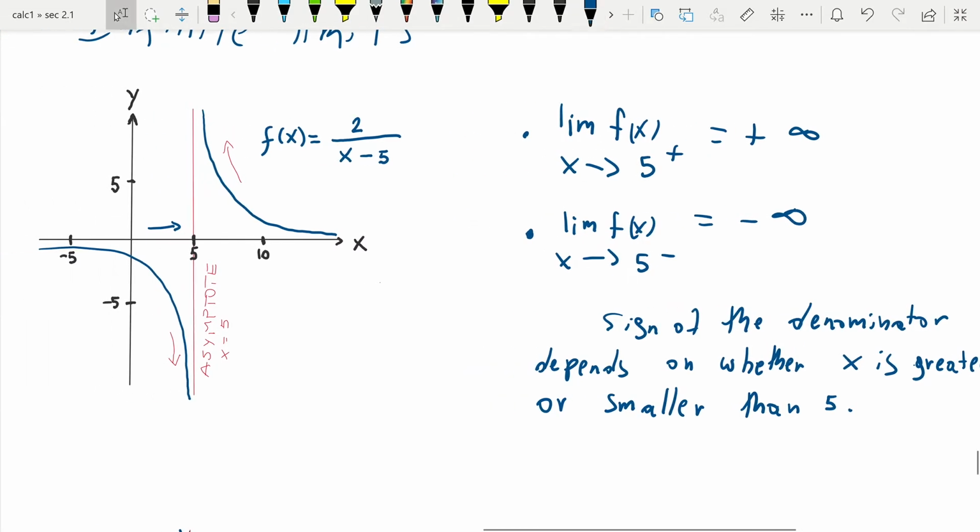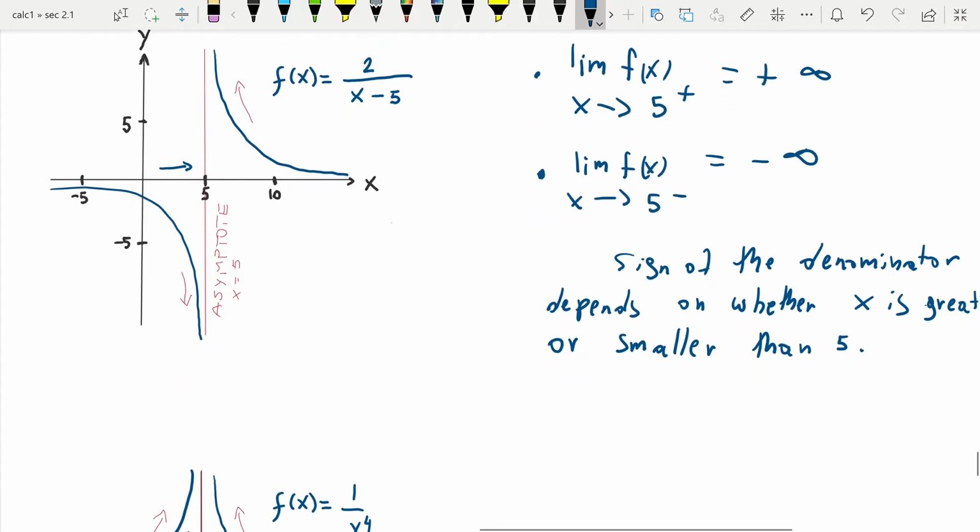When you encounter an expression like this, the numerator is positive, so the sign of the whole expression will depend on the sign of the denominator. If x is bigger than 5, then x minus 5 will be positive, and if x is smaller than 5, you're subtracting something bigger than x, so that's negative.